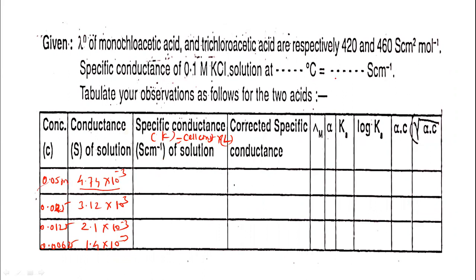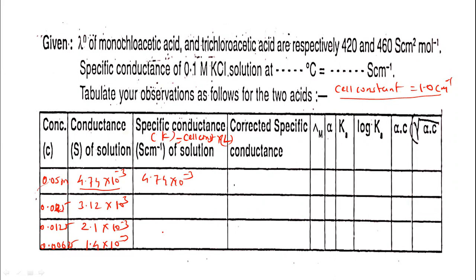Suppose the cell constant is equal to 1.0. Then the conductance and specific conductance values are the same, so 4.74 into 10 raised to minus 3, the same value, we get here. This is possible when the cell constant is equal to 1.0, with the unit per centimeter.